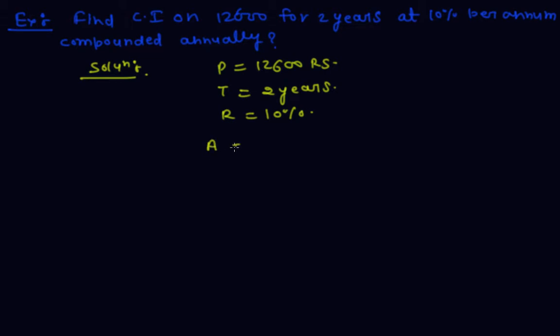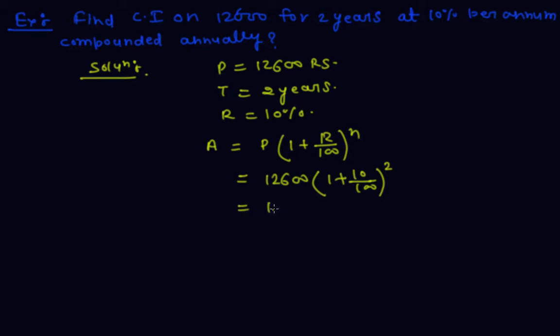So the final amount A is equal to P into (1 plus R upon 100) to the power N. P is 12,600, 1 plus R is 10 by 100, and N is 2 years.